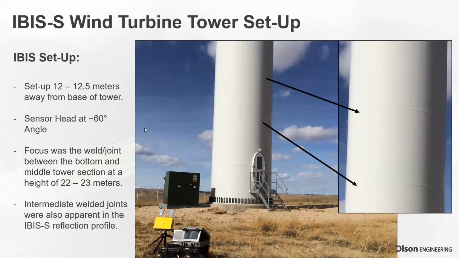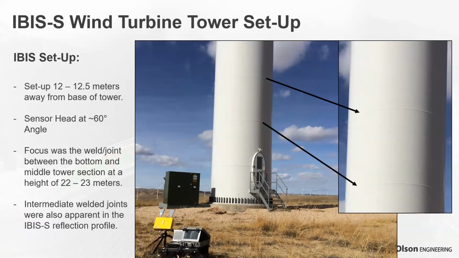So the IBIS setup was, we set the system up 12 to 12.5 meters away from the base of the tower. We had the sensor head at about a 60-degree angle, and we were looking at the weld joints between the sections of tower. So the bottom tower section was approximately 22, 23 meters tall, and then the middle section of the tower, there was a nice weld joint there that was our primary focus at about that height of 22.5 meters.